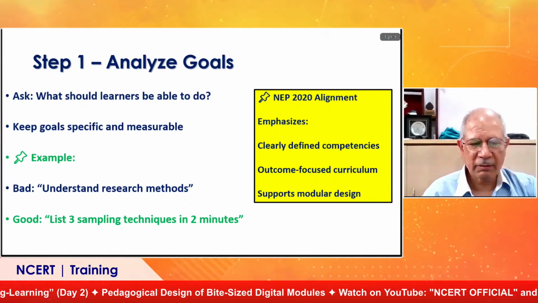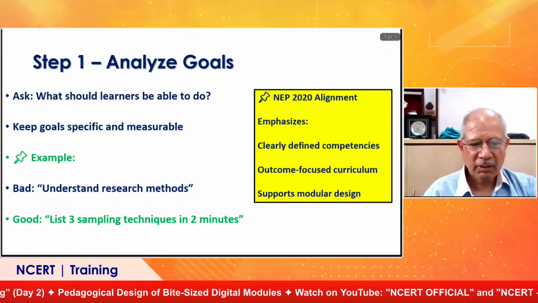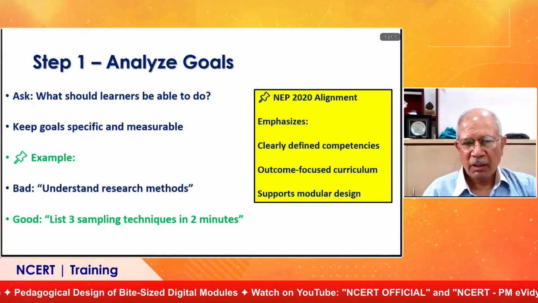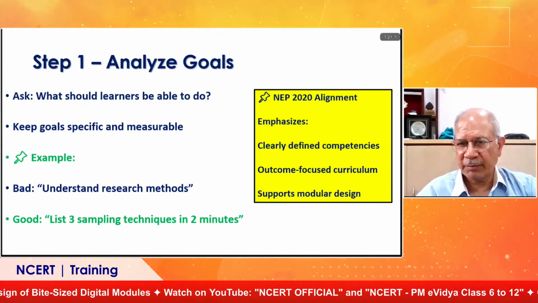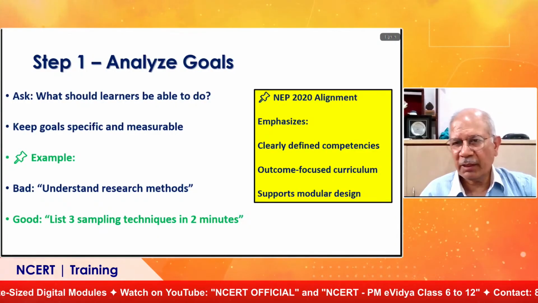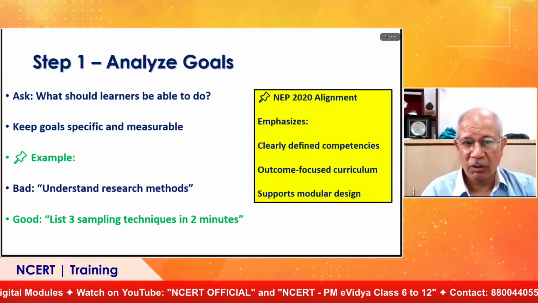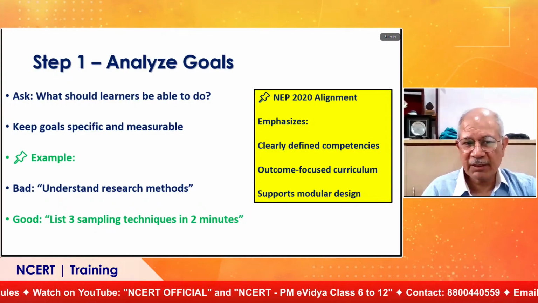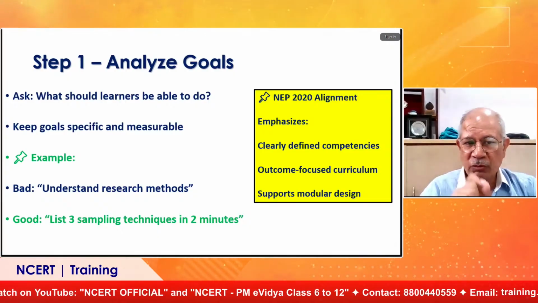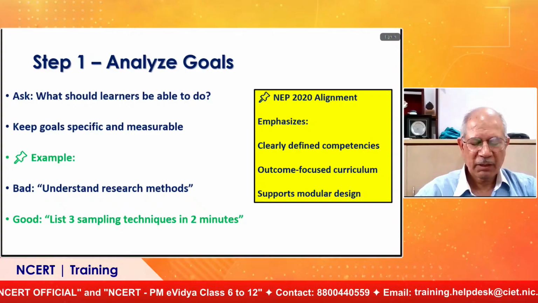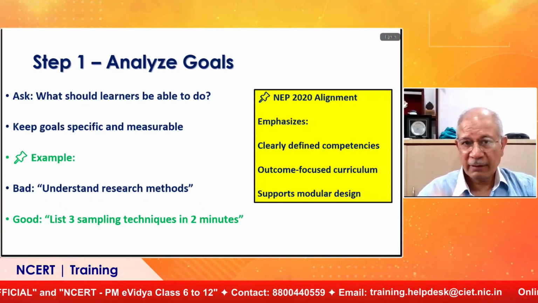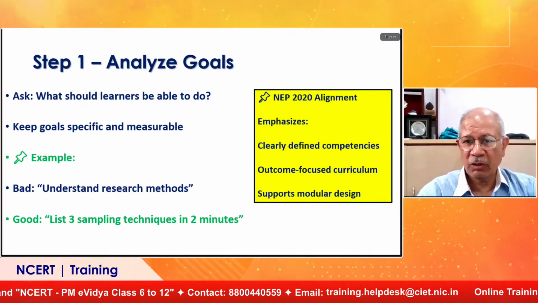So SMART learning objectives. For example, if our goal is to make our students understand research methods, that may not be an impactful goal. Instead, we can say that our students will be able to list 3 sampling techniques in 2 minutes. So that is a more impactful outcome.